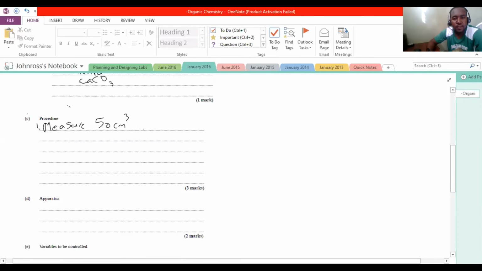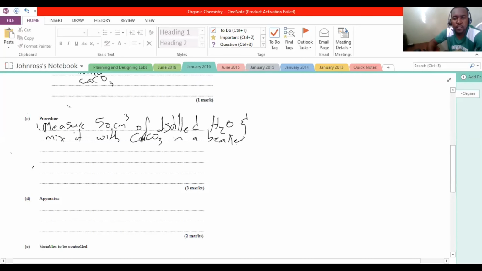So measure 50 cm cube of distilled water, and mix it with the calcium carbonate in a beaker. So that's our first thing, to get our calcium carbonate in a liquid form.